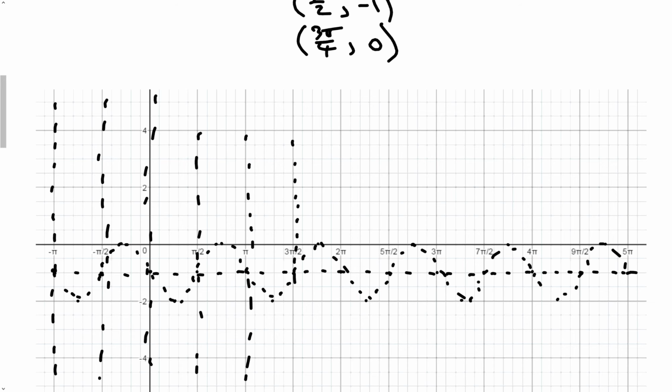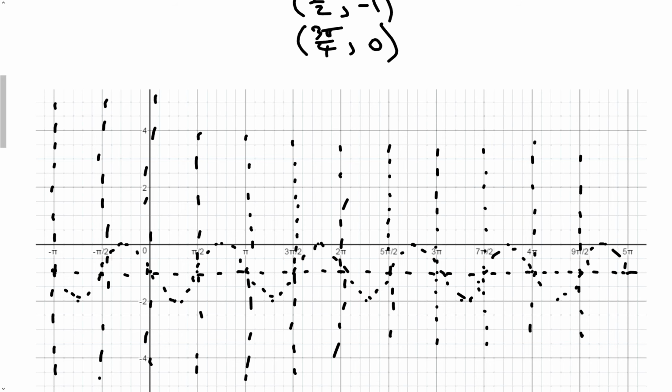I should have maybe used different colors, but too late now. Hopefully you can visualize this a little bit. This was my underlying function. Here's my underlying function, boom, boom, boom.